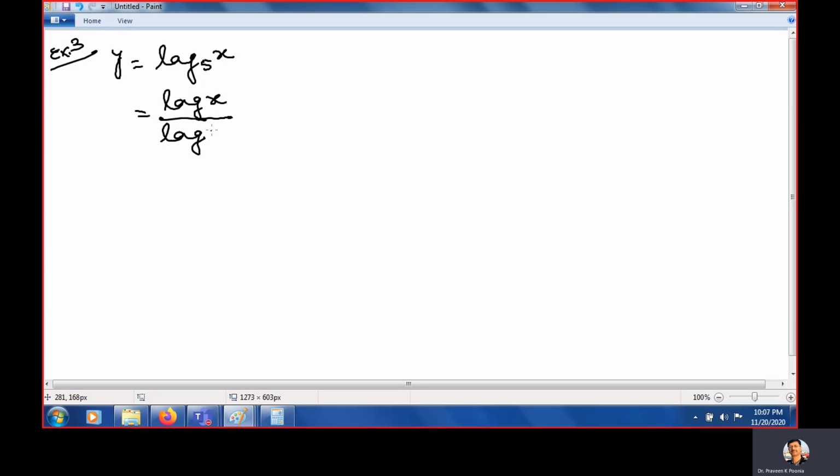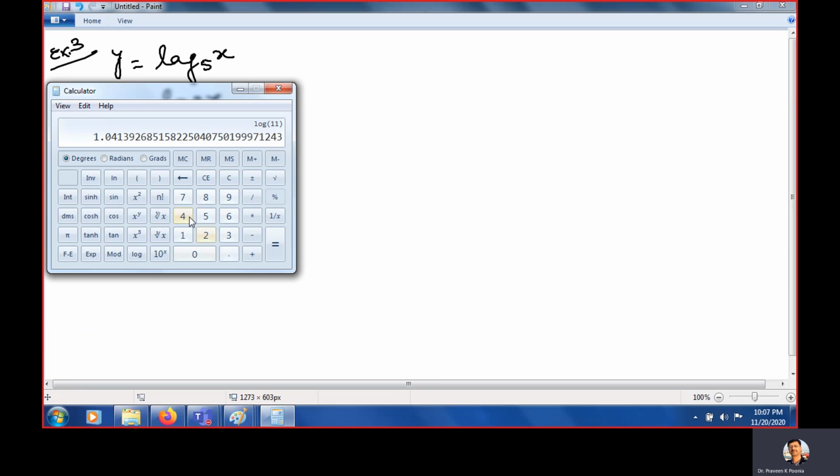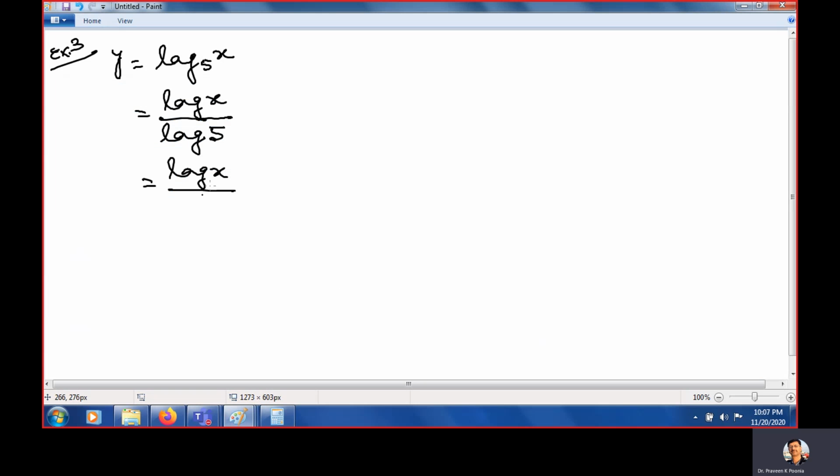We need to change the base of the logarithm. So it is log x upon log 5. What is log 5? Just calculate it. It is 0.69. That means almost we can say it is 0.7. Okay. So the table is the same.